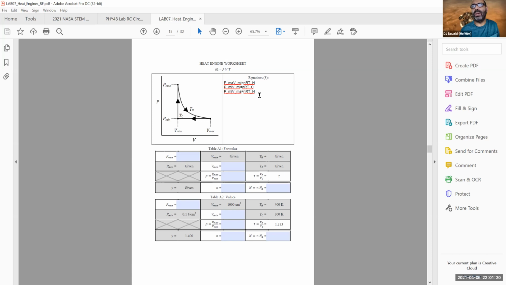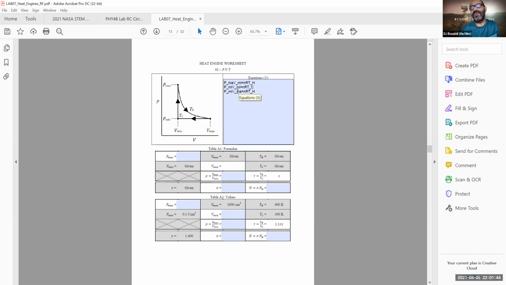Okay, what else do I need? Do I know in here? So from here, we're supposed to find Vmin, because Vmin is not given to us. Vmin, I can use this equation divided by this equation. It's going to be Vmax. nR cancels the nR. It's going to be the ratio of TC over TH, which is tau, by the way. Okay.